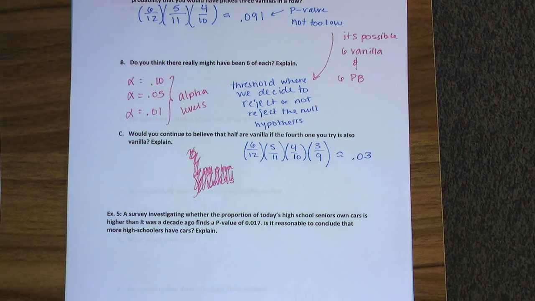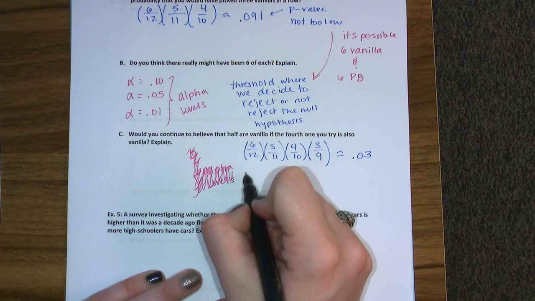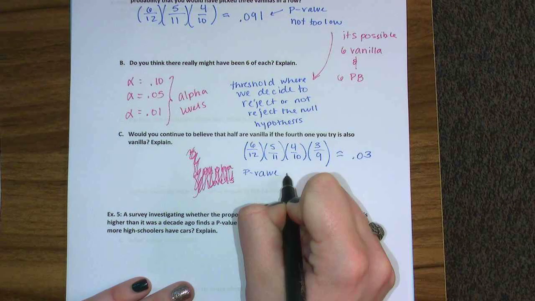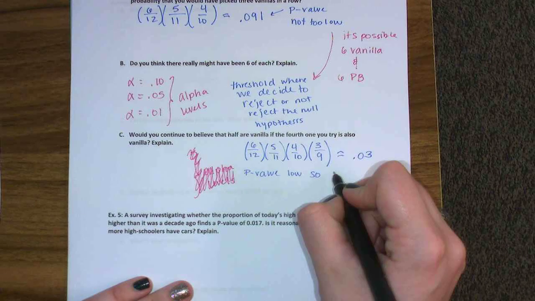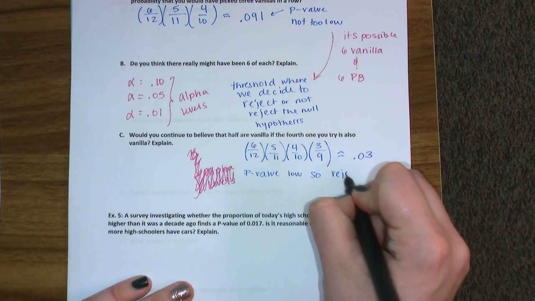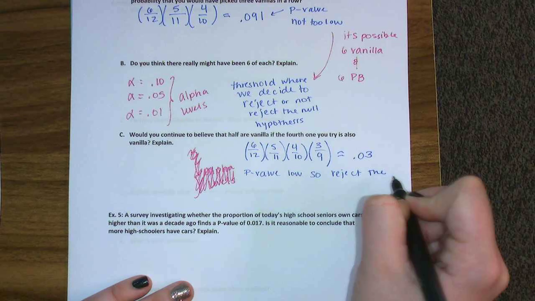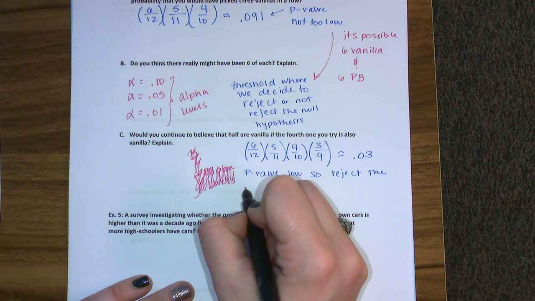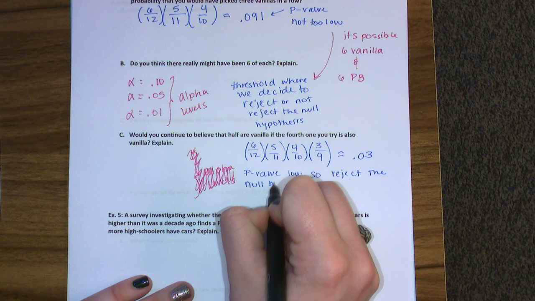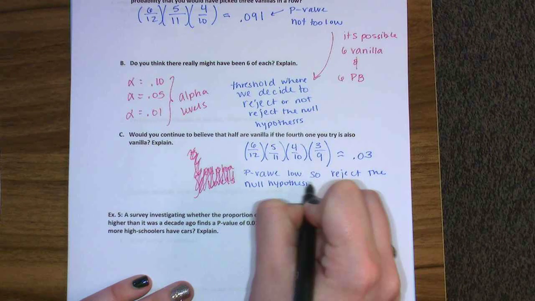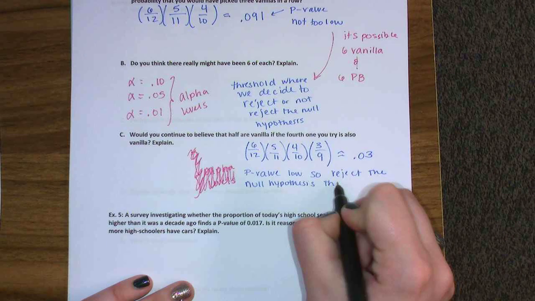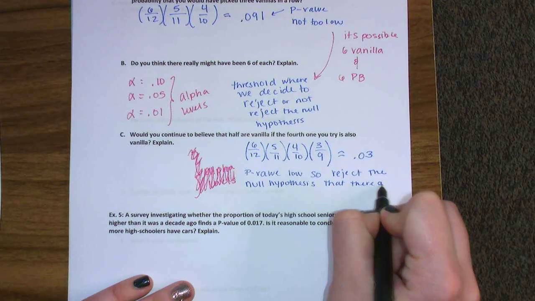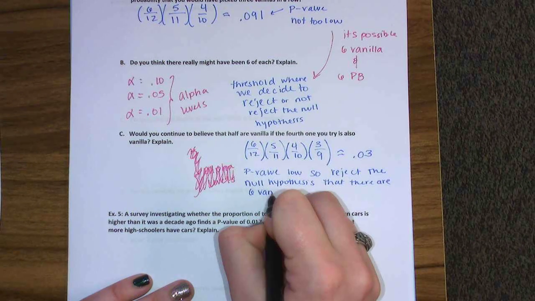Okay, so this p-value is now low. So we will reject the null hypothesis, okay? That there are 6 vanilla and 6 peanut butter.